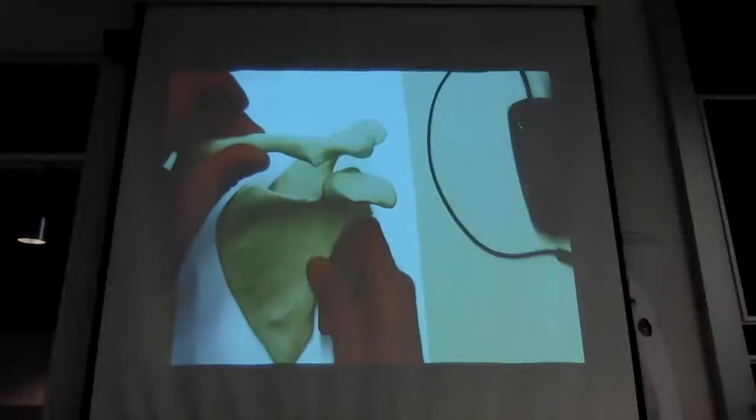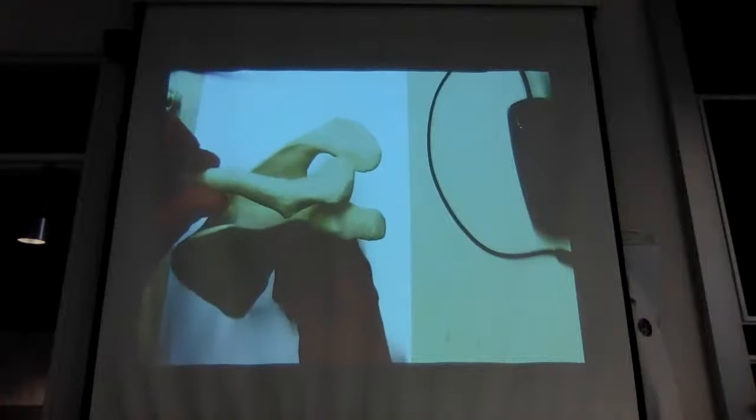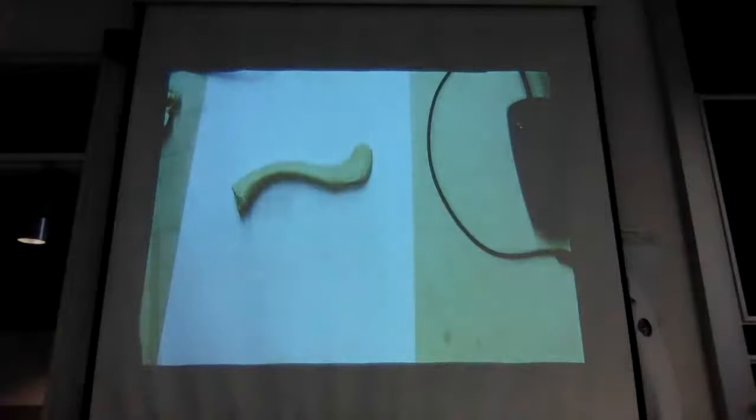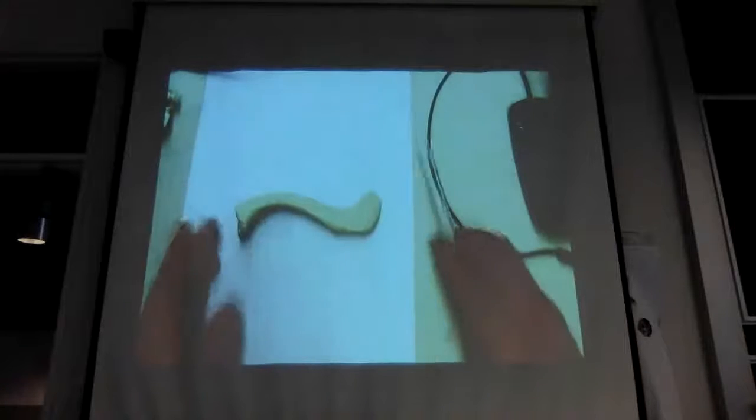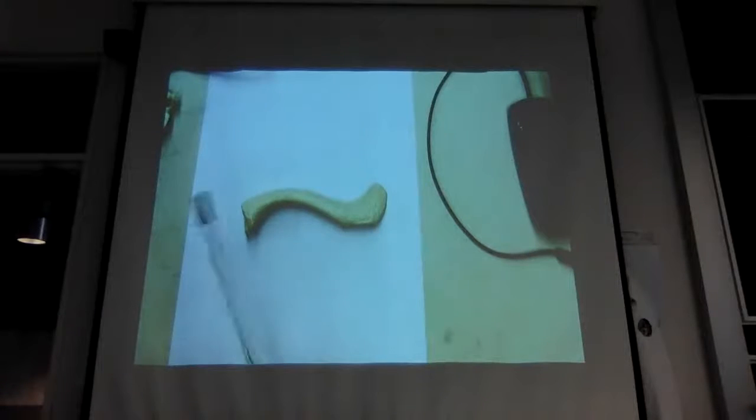This is the acromion, and I'll go over this in a minute, but this clavicle articulates here. I know it doesn't look like it does, but it does. That's the acromial side of the clavicle. Okay, so which side is medial then? The sternal or acromial?